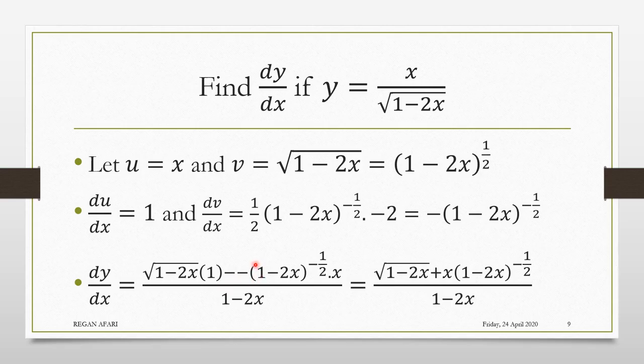But what is u? u is x, and this is what we have here, okay? Times dv/dx. But what is dv/dx? This is dv/dx. Remember that dv/dx is also coming with a negative sign. That is why you are seeing two negative signs here. But negative comes into contact with negative to produce what? A positive, and that's what we see here.